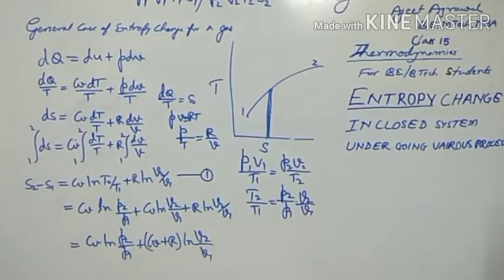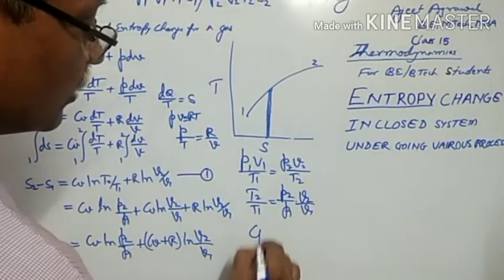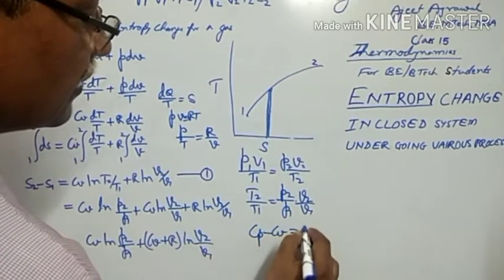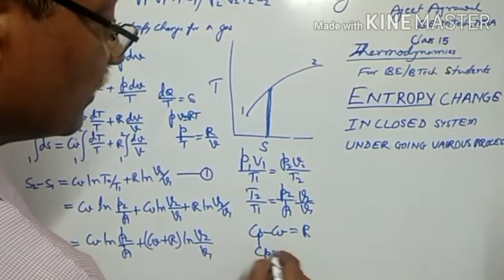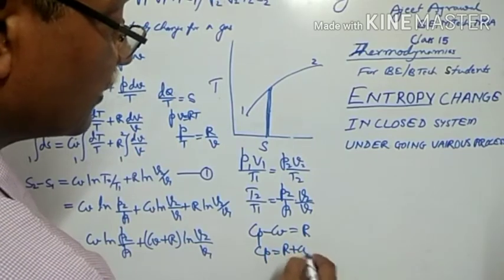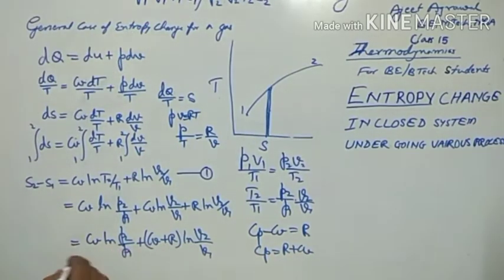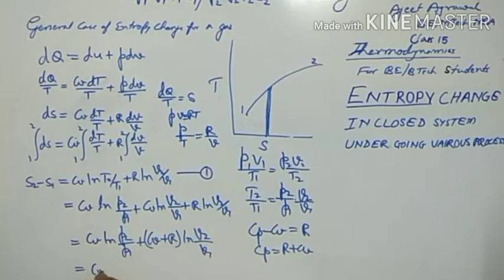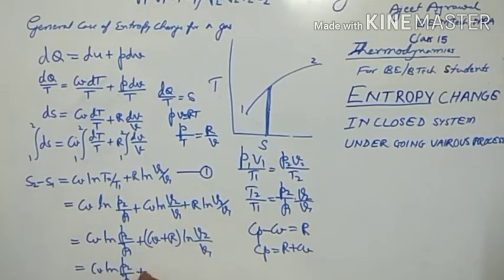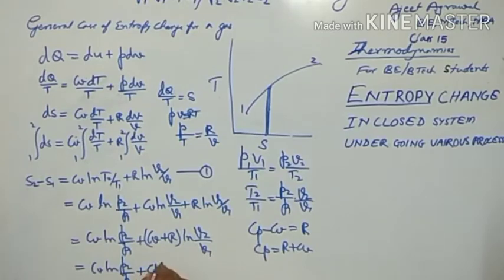Now Cv plus R we can write as Cp, since we know that Cp minus Cv equals R, so Cp equals R plus Cv. We substitute here, and this equation becomes Cv log P2 upon P1 plus Cp log V2 upon V1.